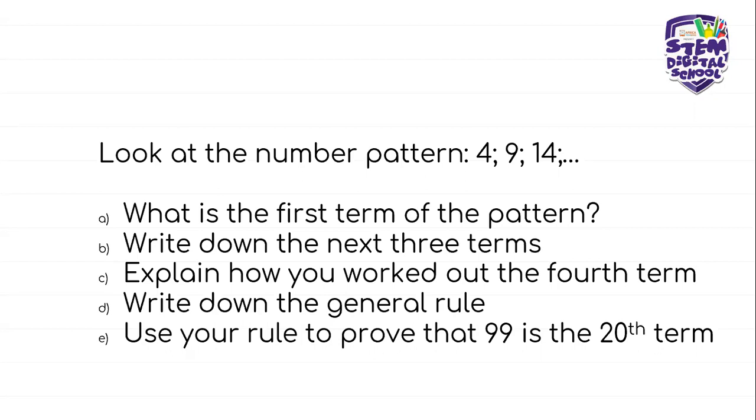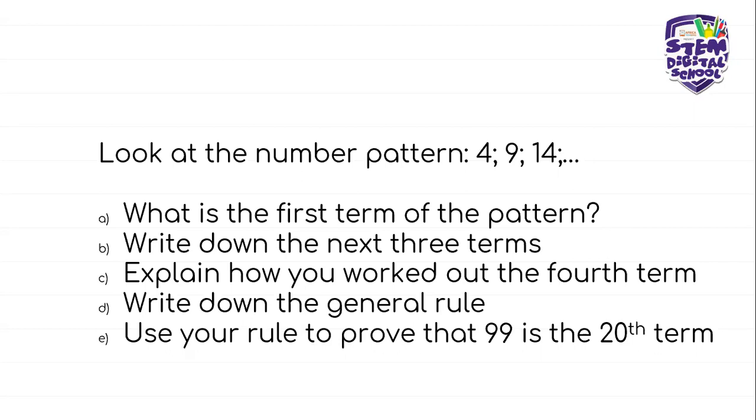To get to the second one, you multiply 5 by 2 to get 10, and 10 minus 1 is 9. So can you see that our rule will be y is equal to 5x minus 1. That will be the rule.